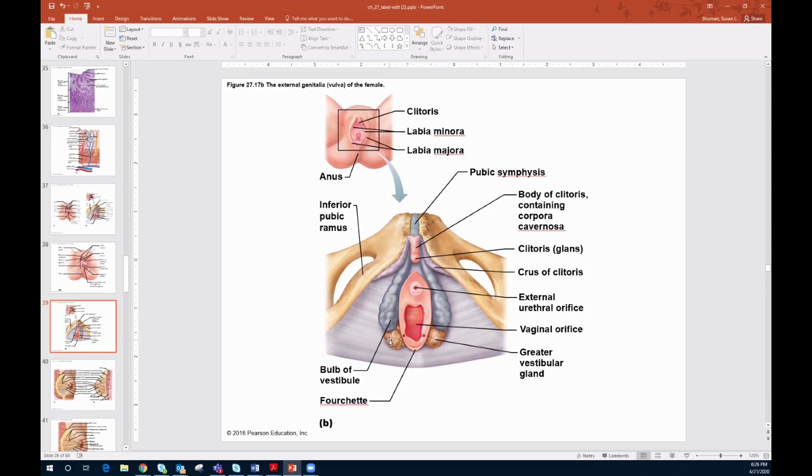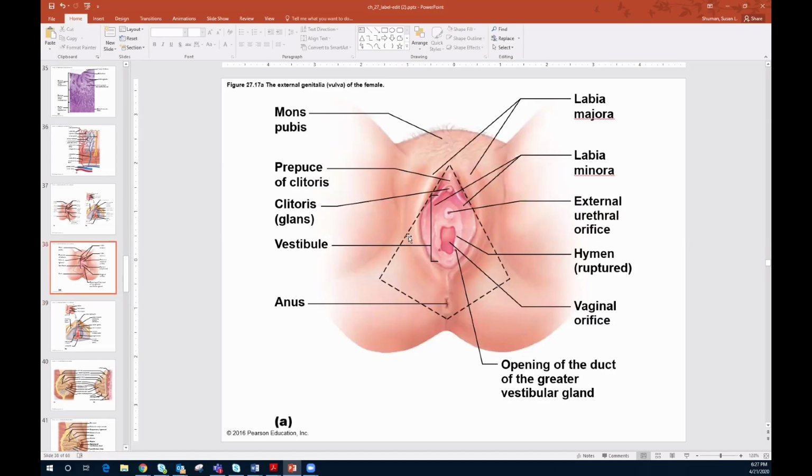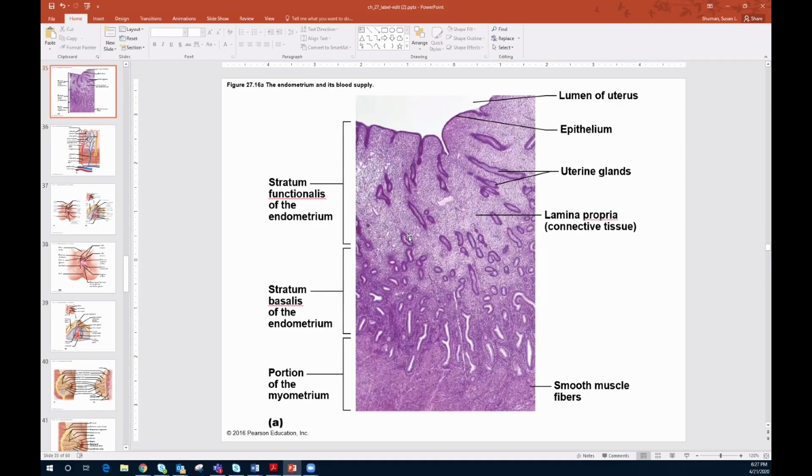These greater vestibular glands, also known as Bartholin's glands, are homologous to the bulbourethral or Cowper's gland. So the female has their own mucus producing glands. But the walls of the vagina do not have mucus production.